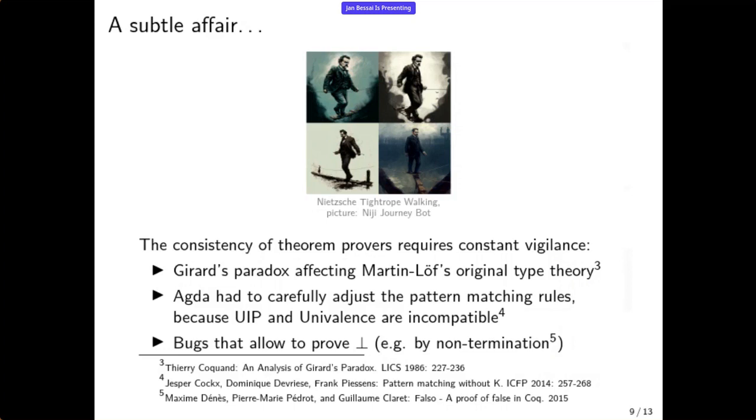And in the last citation here on the slide, there was one bug where it was actually possible to prove false in Coq. We will also see later what measures the Coq community takes to prevent this nowadays. And if that happens, we are no longer sure that what we've actually proven about our systems is actually true, or is at least true with respect to the model of the theorem prover that might just have an issue.